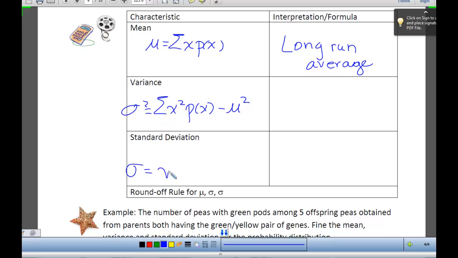So sigma equals the square root of the summation of x squared times p of x minus mu squared. And of course, we're going to look at how we could do this on our calculator. The round off rule for mu and sigma squared is that we're going to use one more decimal place than the number of decimal places used for the random variable x. So if our variable goes out to one decimal place, we're going to round off to 2. All right, let's look then at this example.